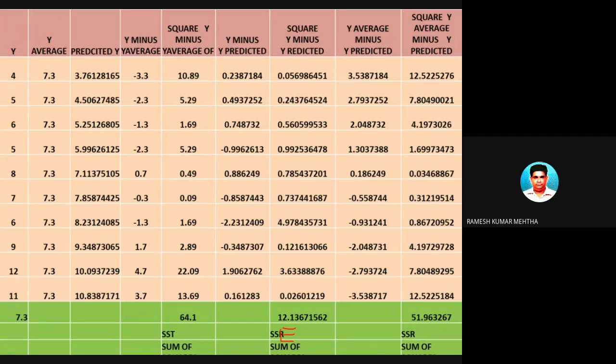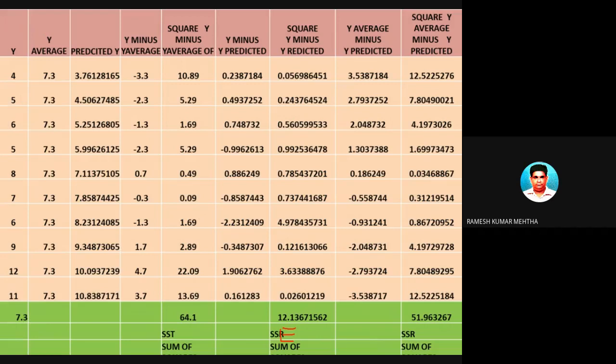The formula for finding the average is the sum of all the observations divided by the number of observations. The sum of all observations of y is 4 plus 5 plus 6 plus 5 plus 8 plus 7 plus 6 plus 9 plus 12 plus 11, and we divide by the number of observations, which are 1, 2, 3, up to 10.